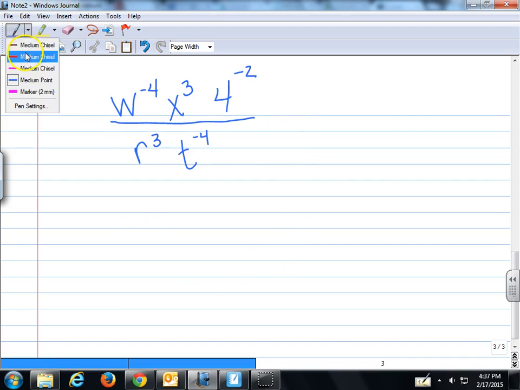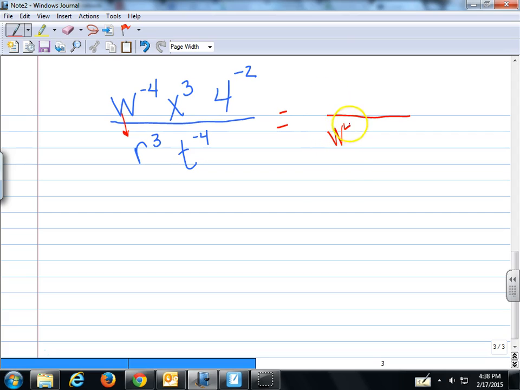Now, simply in a fraction, we want a numerator and a denominator. So even though this is a reciprocal of itself, what it really means is just put this in the denominator. So w to the negative fourth, to make it positive, is w to the fourth.